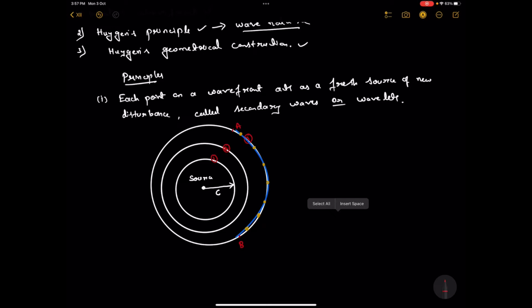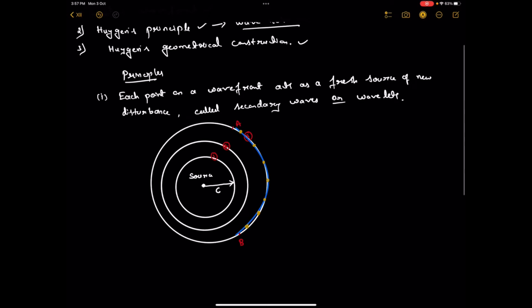So the meaning is, at each point the new disturbances start creating. At this point one more will create, at this point one more will create, at this point one more will create.